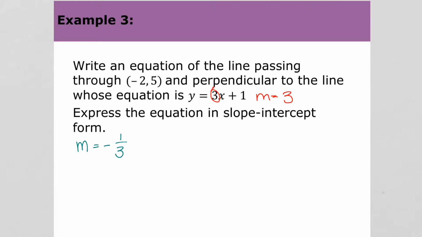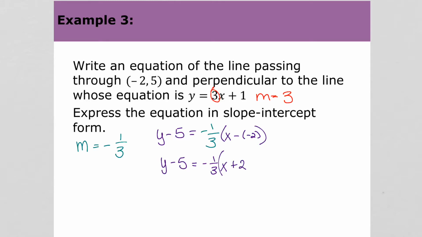Express the equation in slope-intercept form. I'm going to start with point-slope and then solve for y. So y minus 5 equals our slope times x minus negative 2. Oh, I need to start by changing that to plus, don't I? Now distribute the negative 1/3.